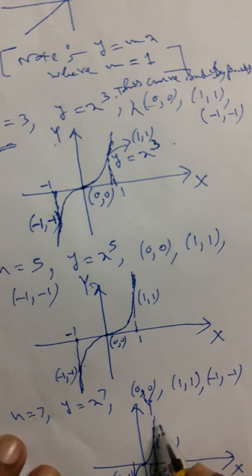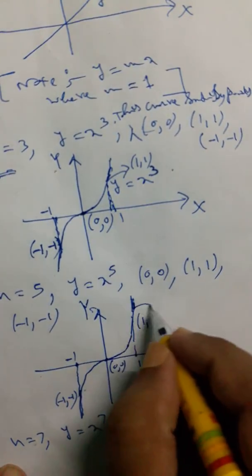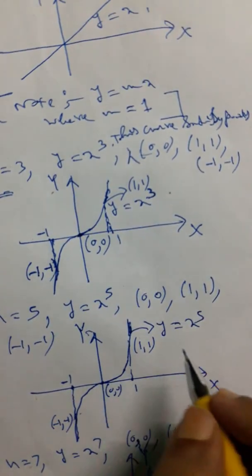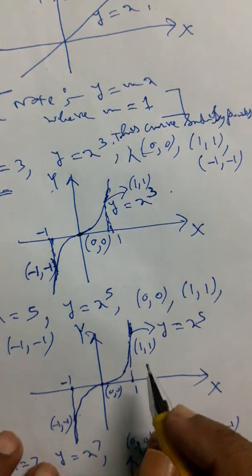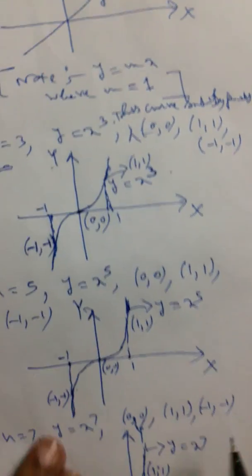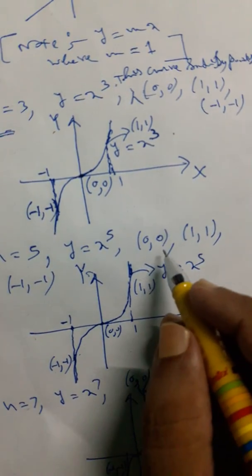This curve is y equals x to the power 7. Here the curve is y equals x to the power 5. So in this way we can draw any type of curve of the odd functions. So today we end our discussion. Thank you.